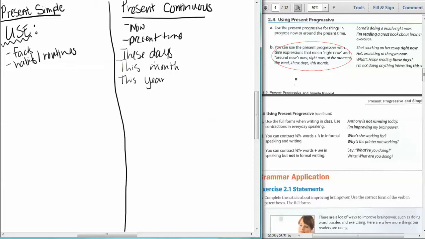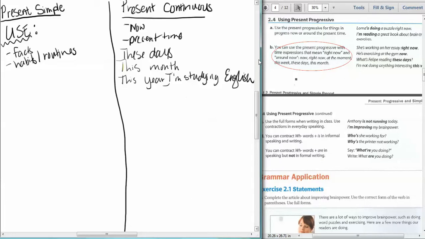This is not future tense. It is progressing. It is continuing to happen. So like this year, you could say this year I'm studying English. That's only this year. Maybe next year you're going to start studying something else. But in this present time, in this year, this is what you're doing.